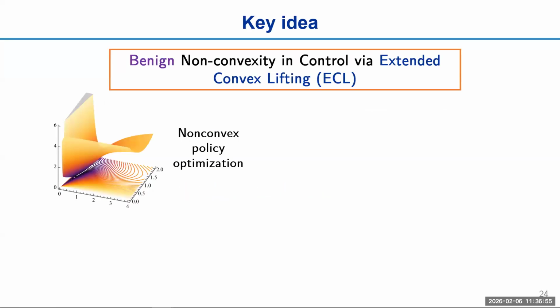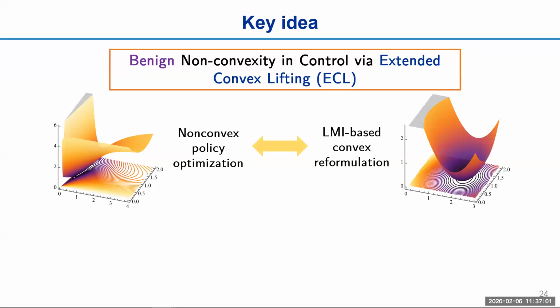The idea is that if you look at policy optimization, it is non-convex, very easy to show. But at the same time, in the control literature, almost 30 or 40 years ago, people developed a lot of methods based on linear matrix inequality to solve control problems, like LQR, LQG, and H infinity control.